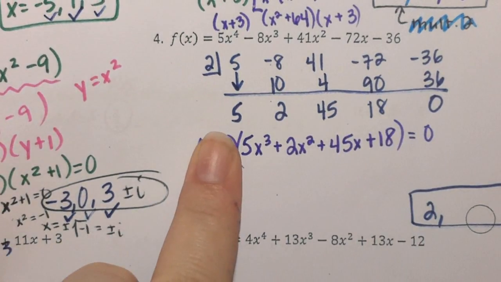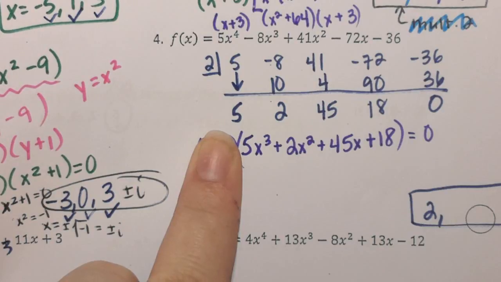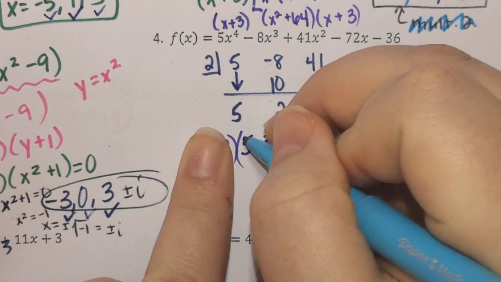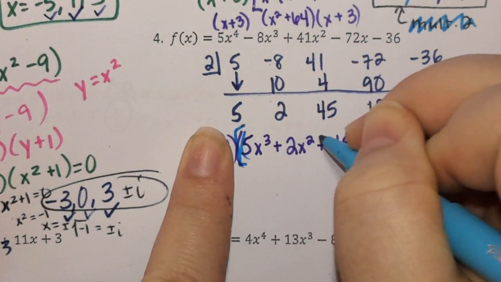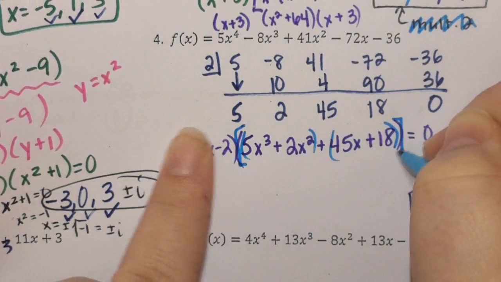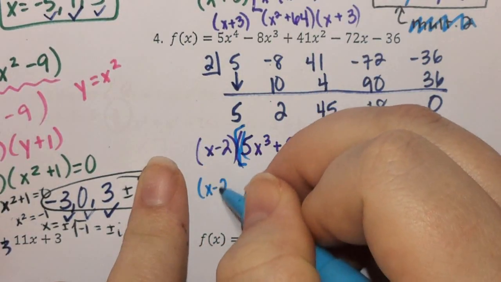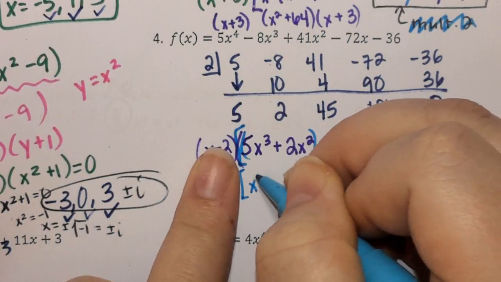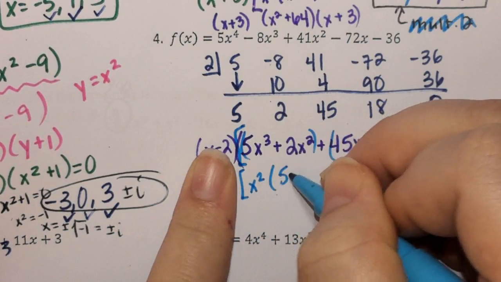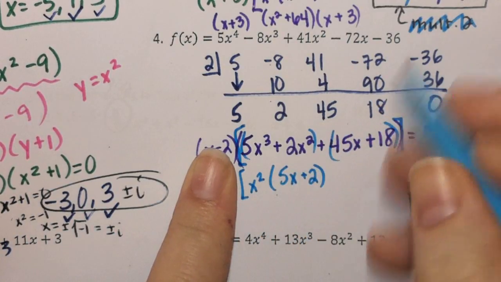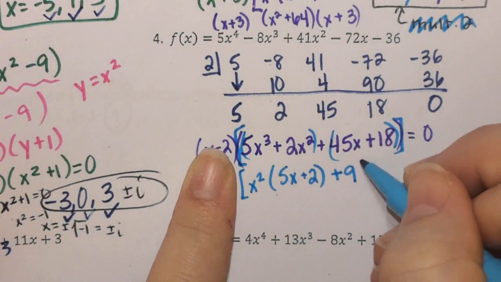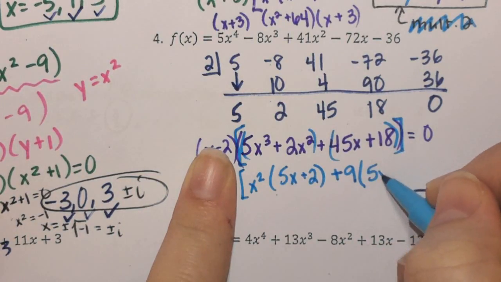Okay, so ignoring him, there are 4 terms. So we're hoping to use grouping. If we take out an x squared, we're left with a 5x plus 2. If we take out a 9, we're left with a 5x plus 2.